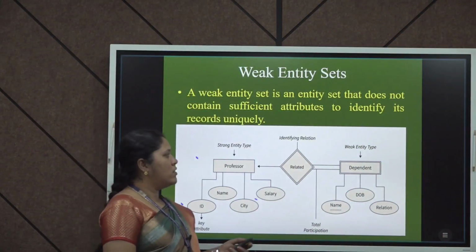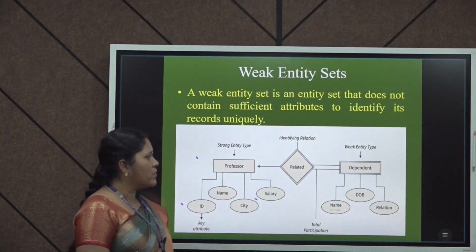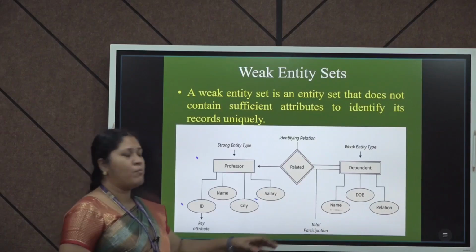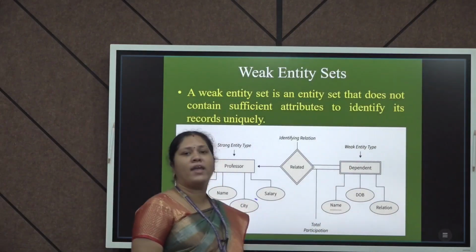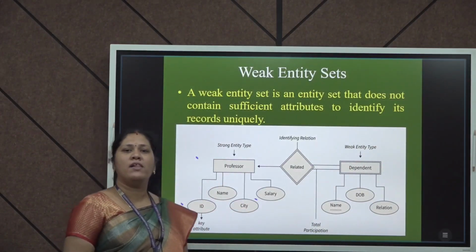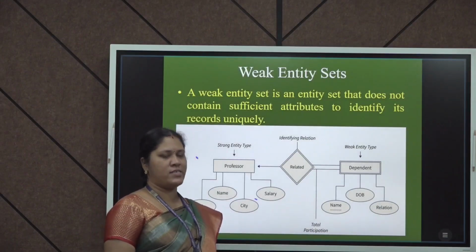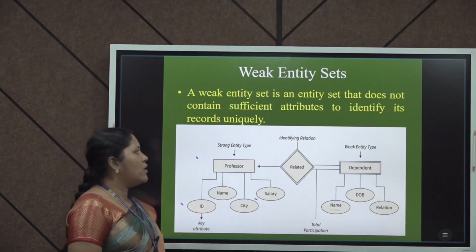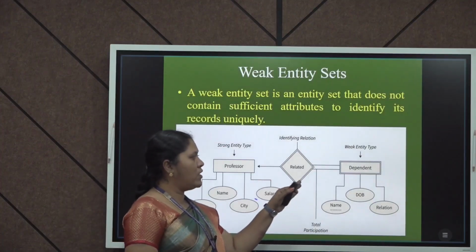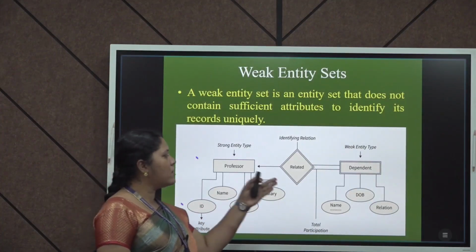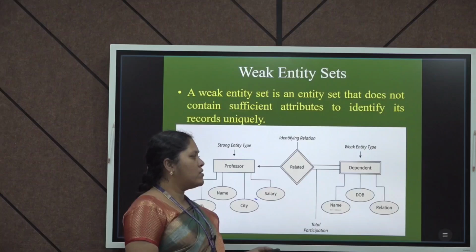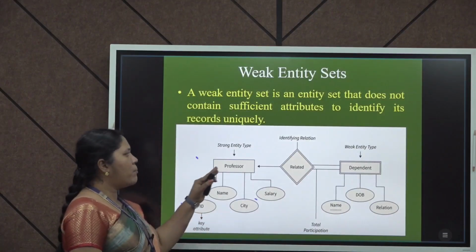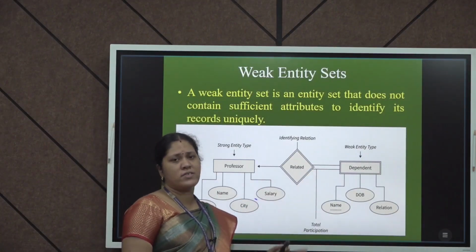So and then an example of weak entity set. If we represent an entity using a double rectangle, this is an example of a weak entity set, which we have already seen earlier. Here the relationship is also a weak relationship because we have represented it using a double diamond. The professor is an entity and dependent is another entity.